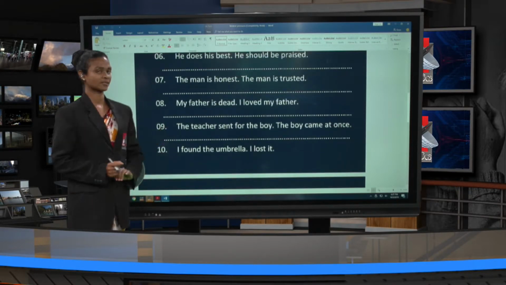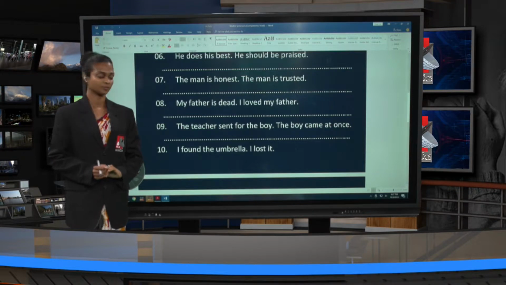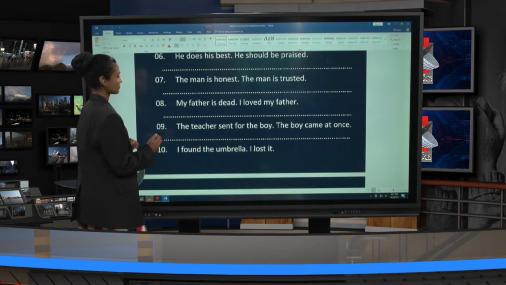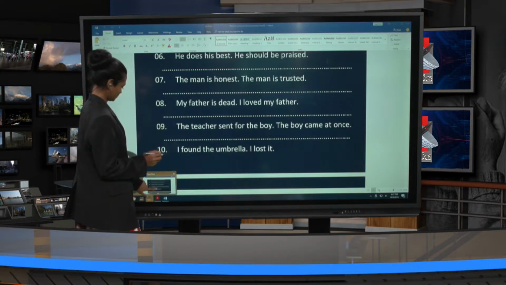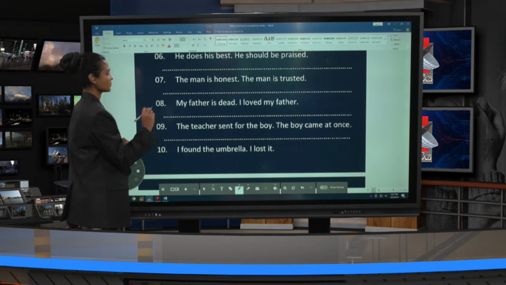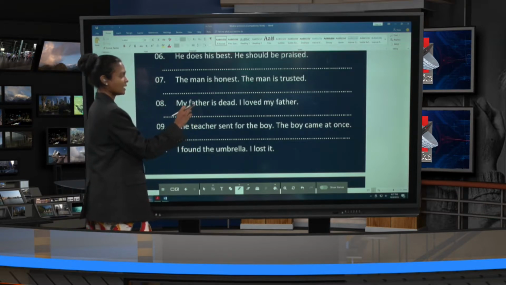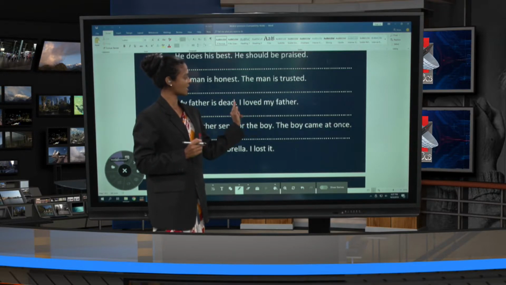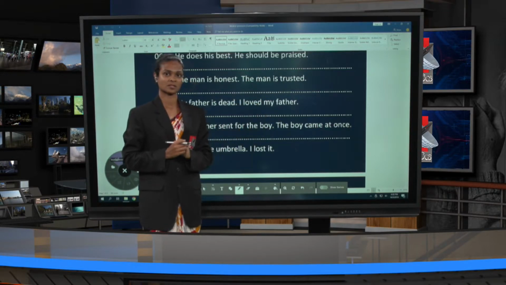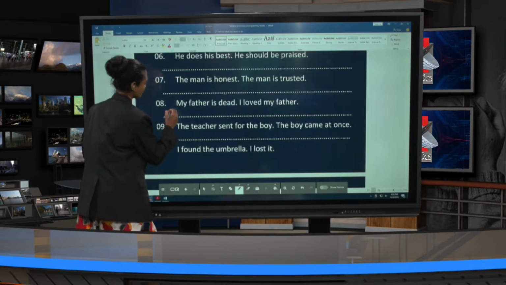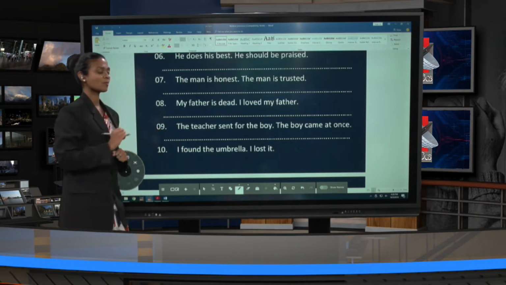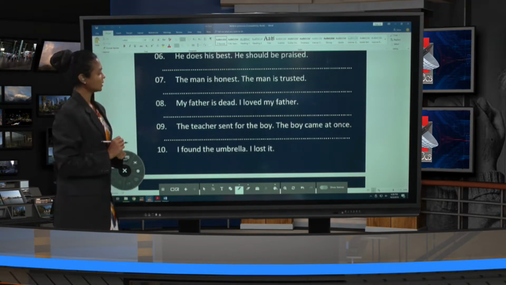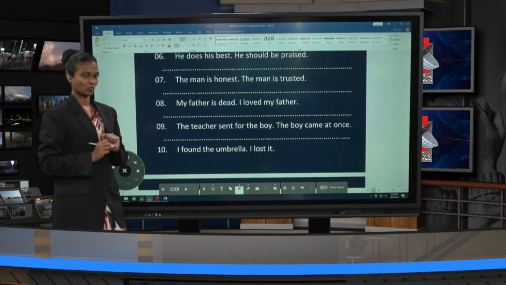Right, number 8. I loved my father. Take that sentence. I loved my father. Subject, verb, object. Then, we are going to talk about my father. My father is no more, right?